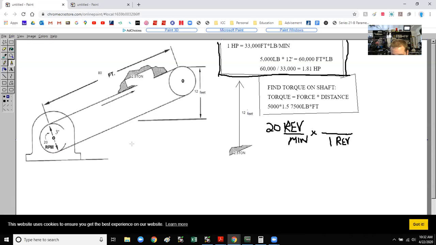So what's the circumference of the pulley? Pi times the diameter, which is 3. 3.14 times 3, and that's feet.